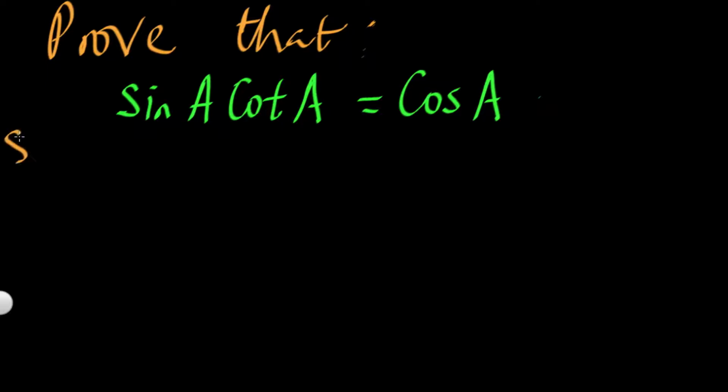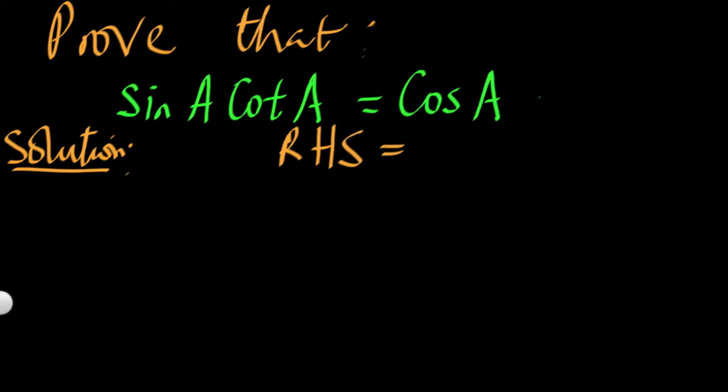So this is my solution. This is what I would do if I'm working out this question. Right hand side, RHS, is cos A. I'm fixing this side. I'm okay with it. Then I'm going to go to my left hand side and manipulate it until it looks like the right hand side.